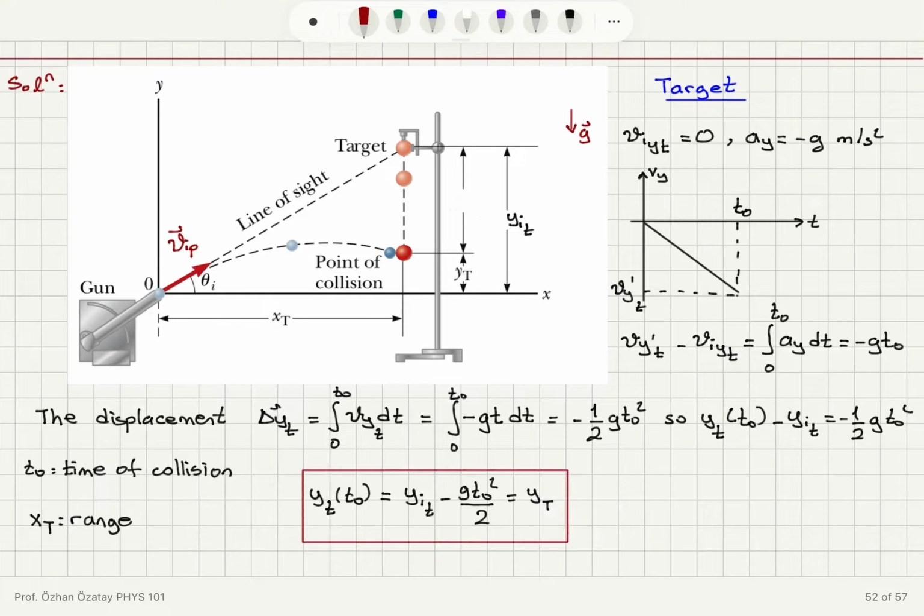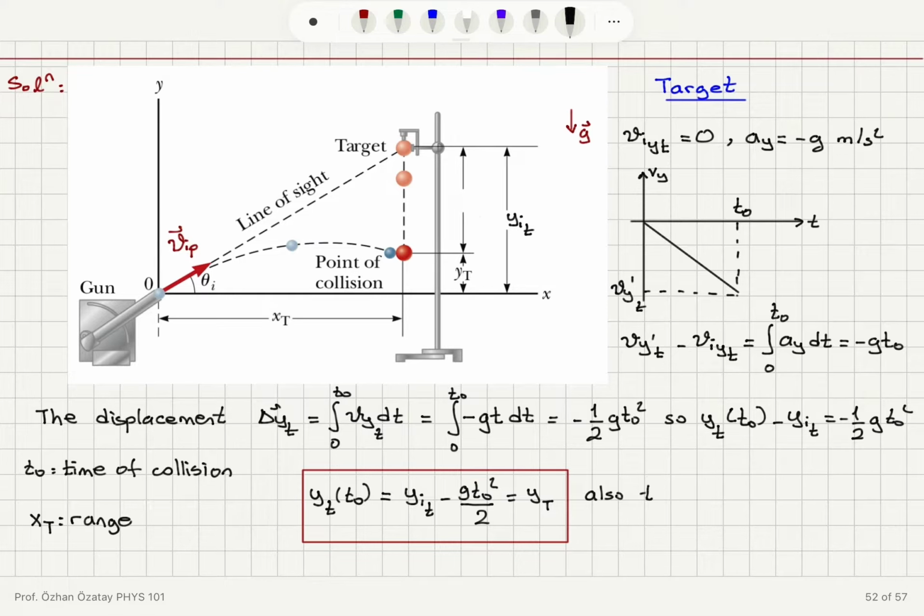Now, if you look at this angle, theta initial, the angle with which we're shooting this gun, you can see that the tangent of this angle is related to the initial position of the target and the range of the projectile.